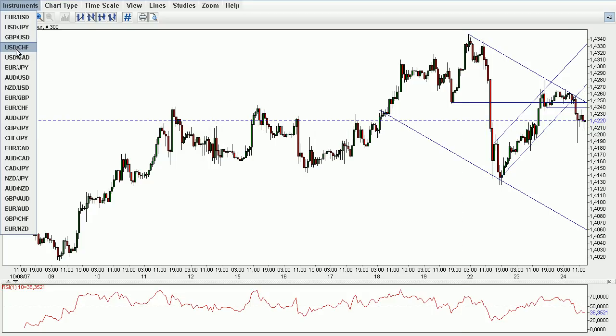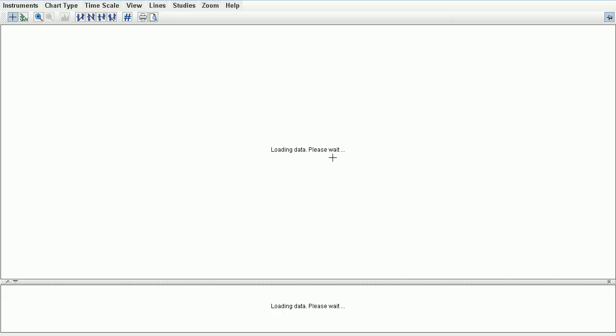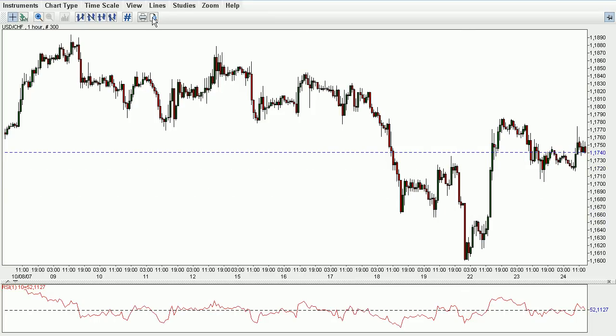Okay, let's go to the US dollar Swiss franc and see what is happening there, or actually what happened yesterday. Pretty much the same level holds because of this correlation between those two pairs, and this support level appeared to be very strong, and our price just touched it, and it still hasn't broken this barrier yet.